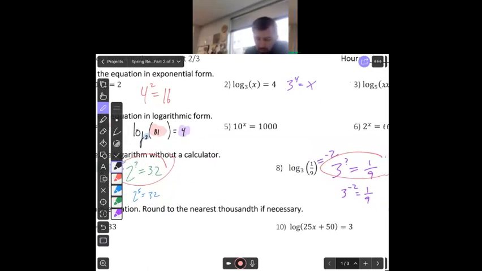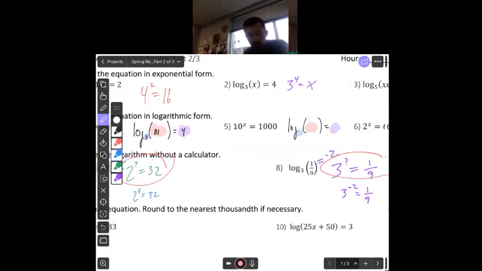So again, we're going to end up with log base something of something equals something. We've got to go and fill in those holes. So the base of the logarithm comes from the base of the power. I'm going to put a 10 there.